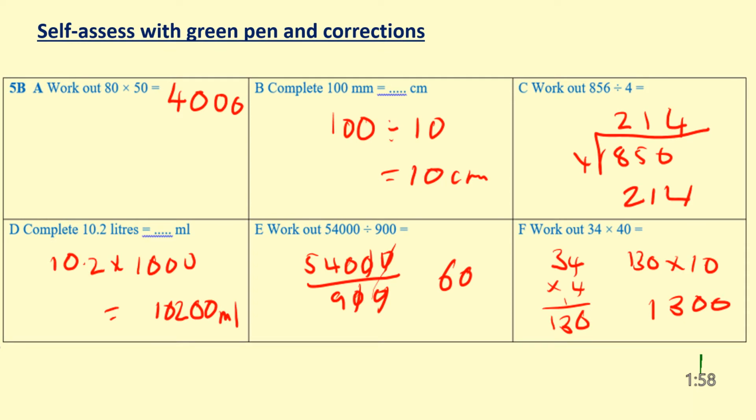Please use a green pen to make any corrections or add all ticks. Are them all correct? If so, well done. Pause the video, and then when you're ready, press play to move into the lesson content for today.